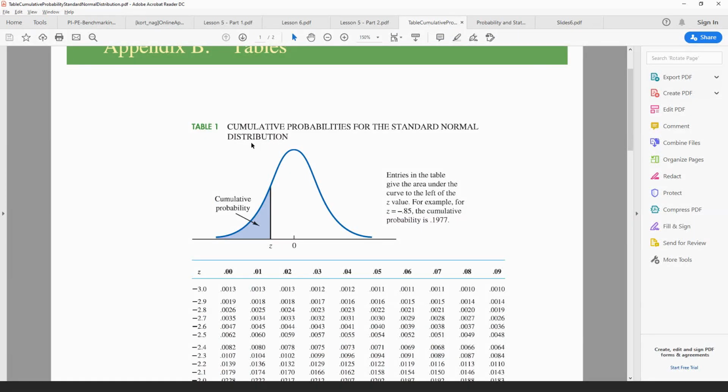If you are given a table with two tails for cumulative probabilities for the standard normal distribution, again, please pay attention. This is for the standard normal distribution. That's why before using the table, you have to derive the standard form of your random variable.